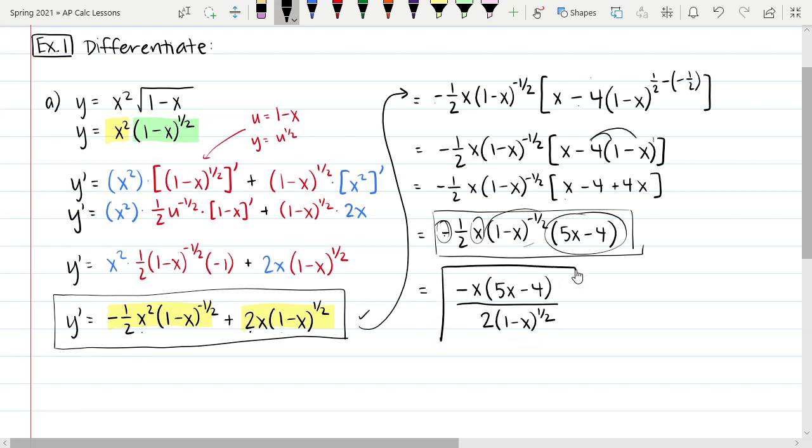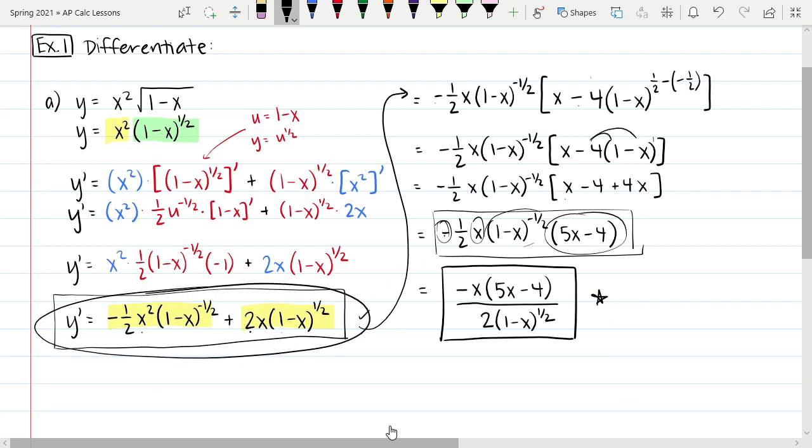And this is the form of the answer that we would want. And you would be welcome, of course, to change this back into a radical, but there's not really a need to. So this is what your goal should be. And what I would encourage you to do is, in WebAssign, feel free to type this as your answer.